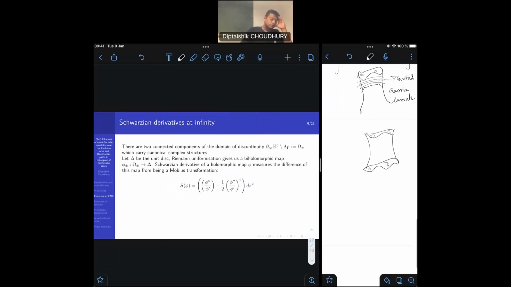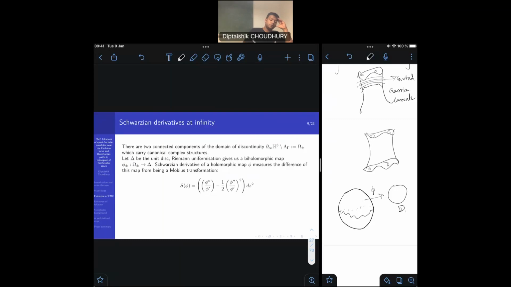So I'll go to this Schwarzian derivative at infinity parametrization of quasi-Fuchsian manifolds now. If you had been in this universal cover picture, then you had this limit set, and the complement of this limit set are these domes that you could always uniformize to the disk. If you consider this uniformization map phi, it is holomorphic.